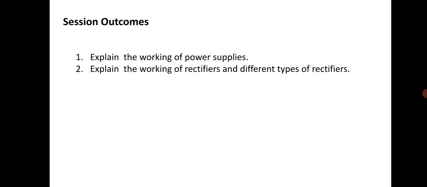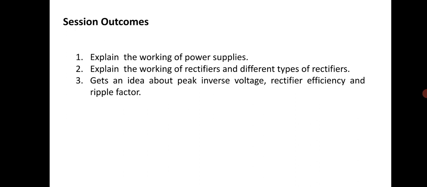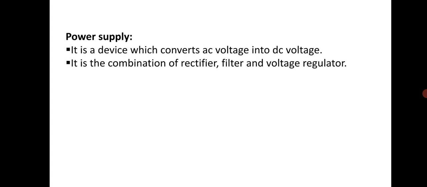Session outcomes are explain the working of power supplies, explain the working of rectifiers and different types of rectifiers, get an idea about peak inverse voltage, rectifier efficiency, and ripple factor. So let us start with the power supply.